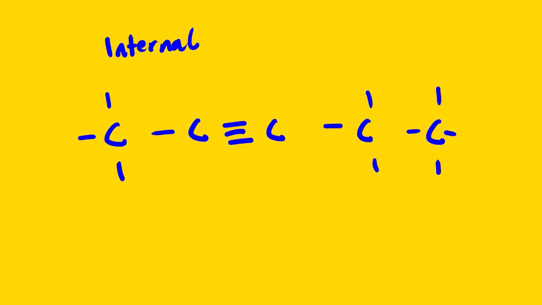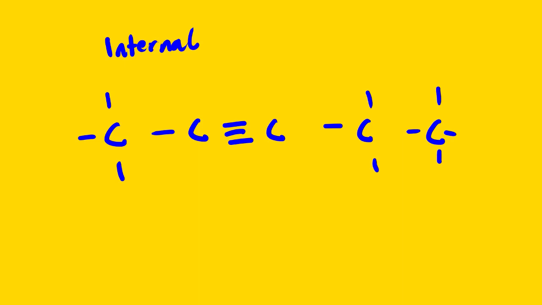But let us look at, these are the carbons which are involved in the triple bond. And the triple bond is in the middle, meaning that it is not found in the primary carbons. So in this case, we can safely say this is an internal alkyne.